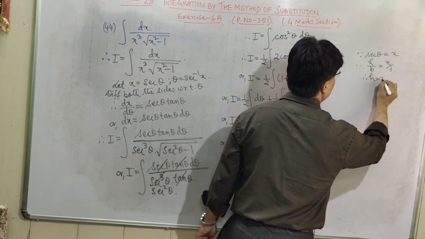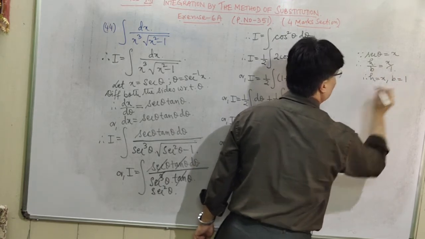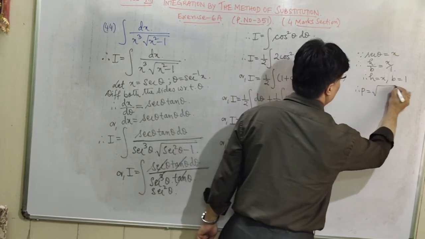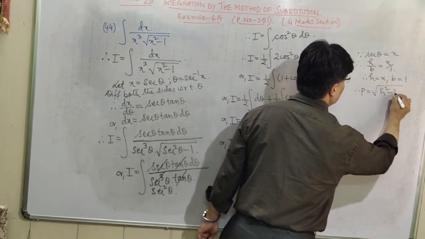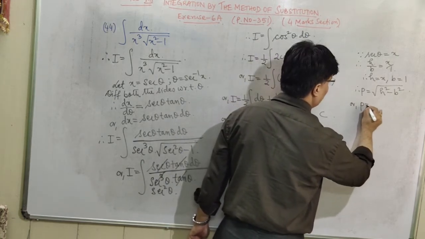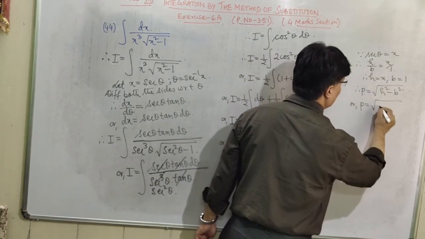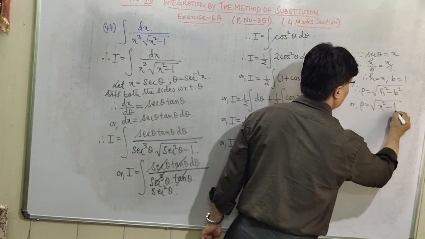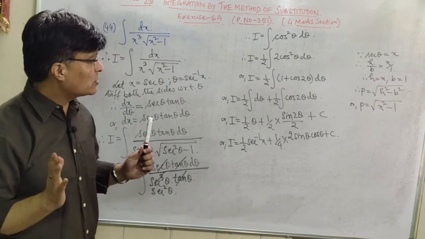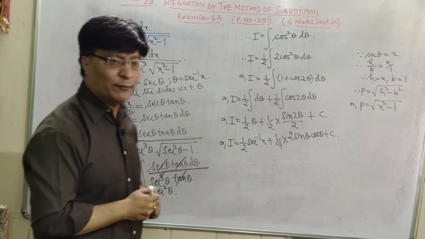So here h is equal to x and b is equal to 1. And from the Pythagoras theorem, p is equal to root over h square minus b square, so p is equal to root over x square minus 1 whole square, which is always 1. That is the value for p.